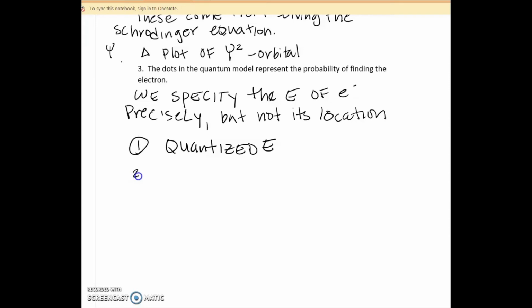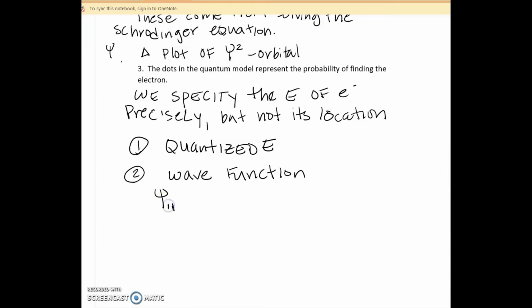Another thing we get from solving the Schrödinger equation is our wave function. I mentioned the wave function earlier in this module, and we know the symbol is psi, but there are some things we need to point out about it. When we solve for this, we need to solve for a particular wave function, and here we're going to look at different orbitals. So we have some quantum numbers.